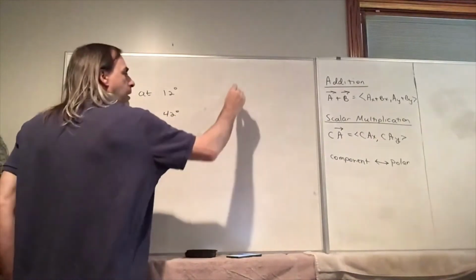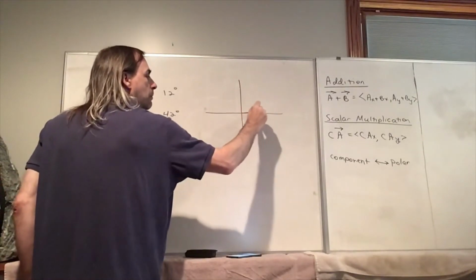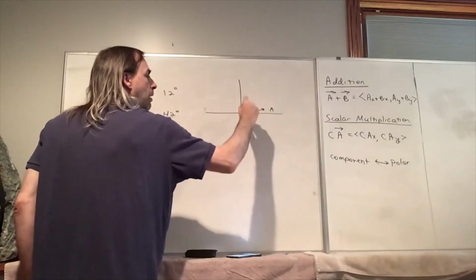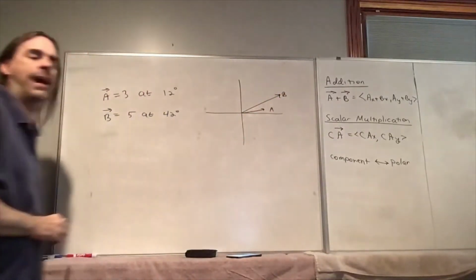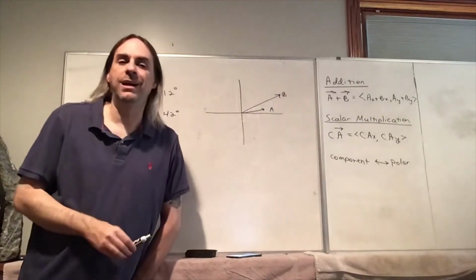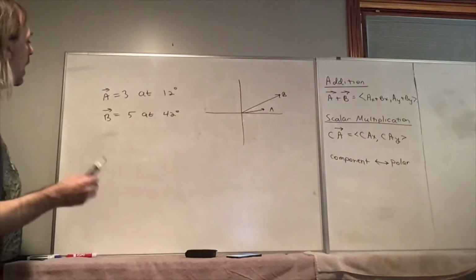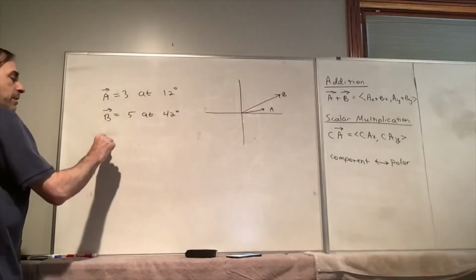So graphically, you've got vector A and vector B might look something like this. You want to add them up. Forget about trying to do it graphically using the law of sines and law of cosines. The process is break A and B into components.